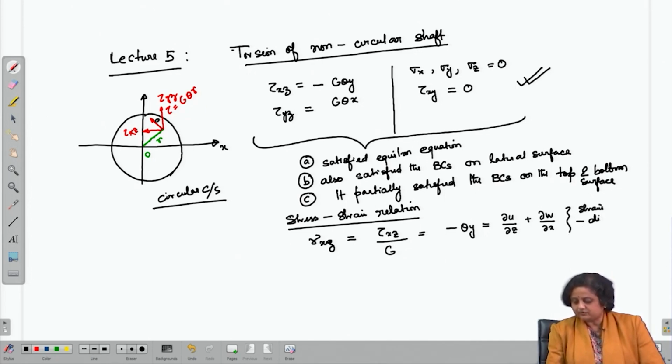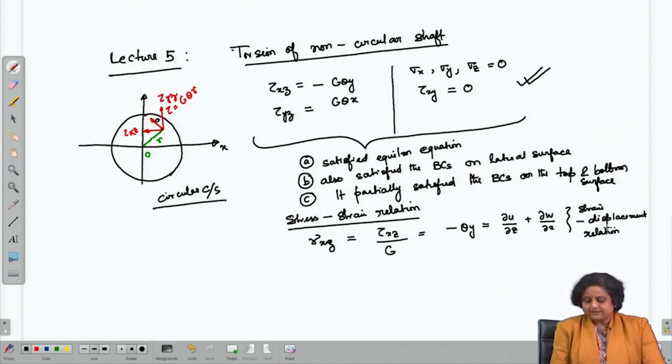So, from the stress strain relation, we have obtained the expression for the strain from the stresses by dividing with the shear modulus, and then by using the strain displacement relation, we have written the strain in terms of the displacements u, v and w.